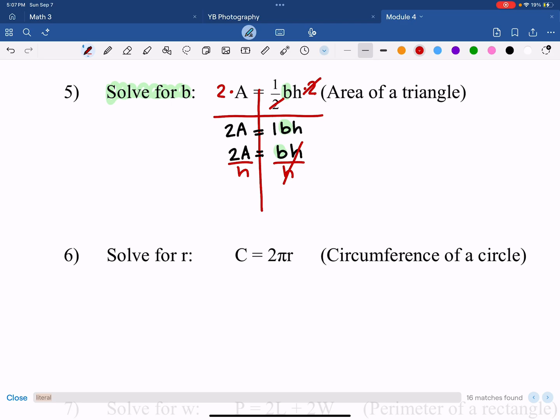When I do that, those 2 h's are going to cancel. And after that, I'm left with 2a over h equals b on the other side. I have successfully gotten the letter b by itself, so therefore my answer is b equals 2a over h.